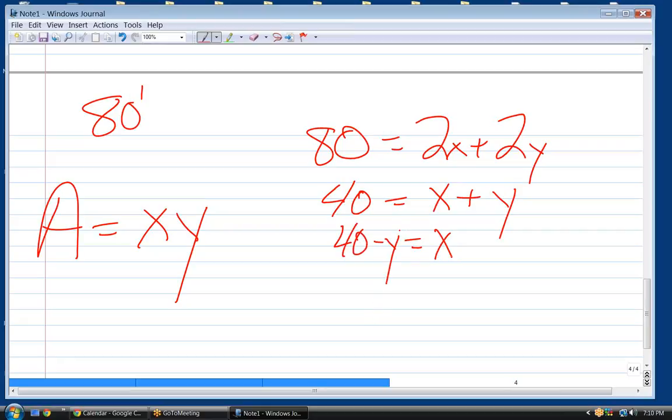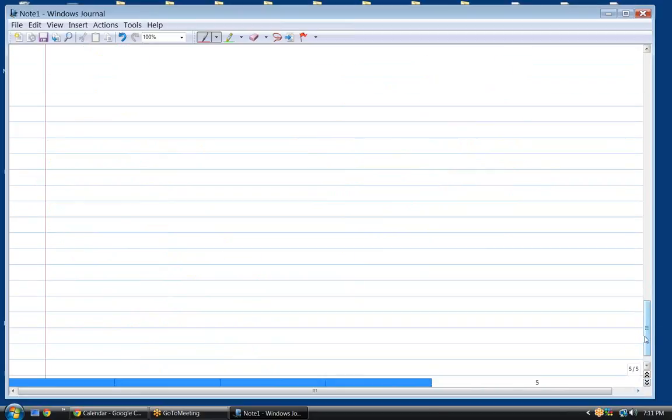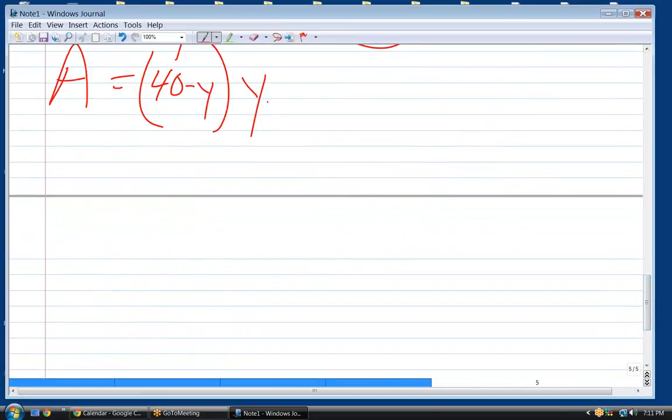So now we substitute that for that, because we're trying to maximize the area function. So the area is going to be 40 minus y times y, and now I'll let you take it from there. What's that equal?